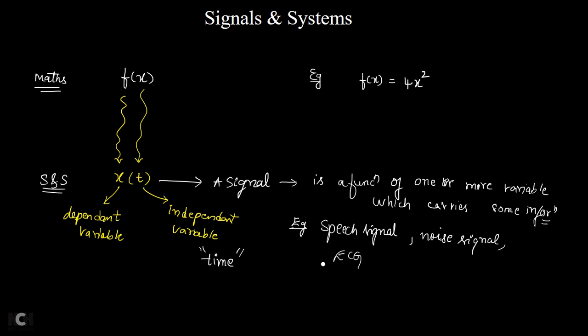When the doctor performs an ECG, the report the doctor provides will contain a graph based on the duration, time. What will be on the x-axis? When you take an ECG, you get a graph. The x-axis will be time in seconds, like 0 seconds, 1 second, 2 seconds, 3 seconds. And your ECG signal will look like this.